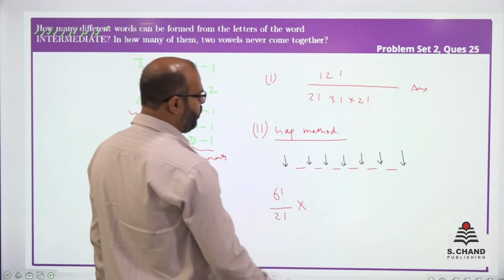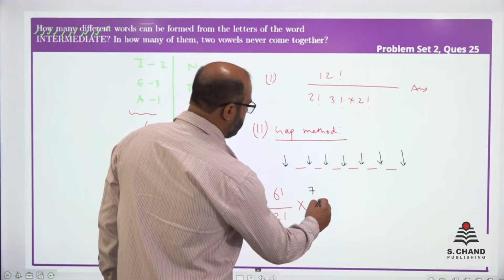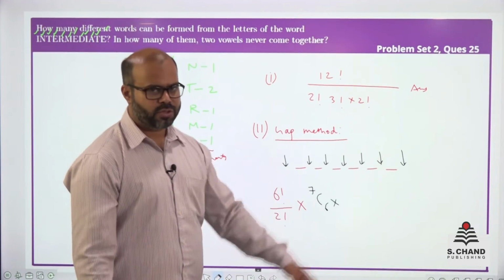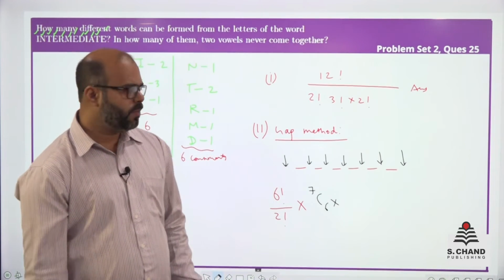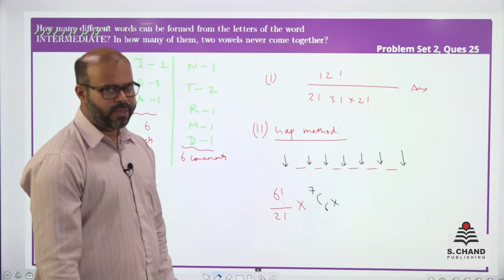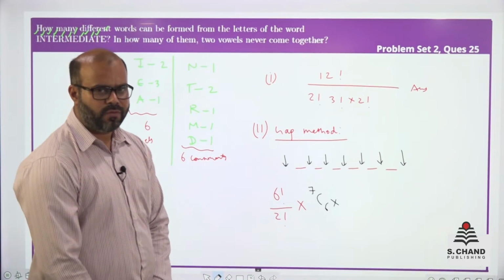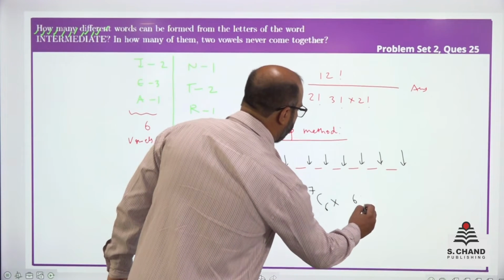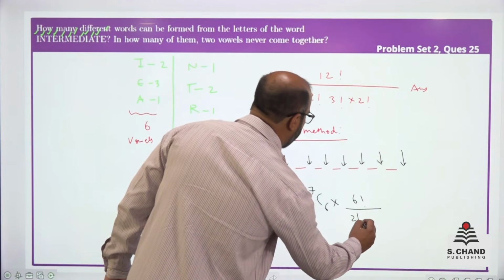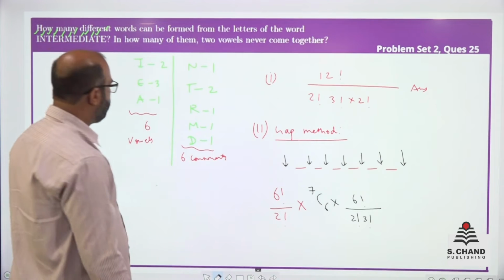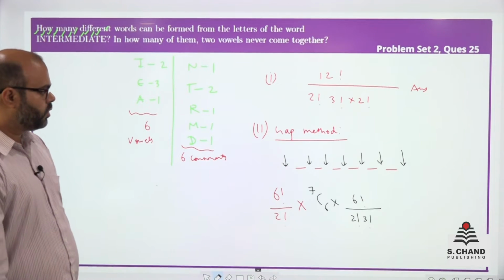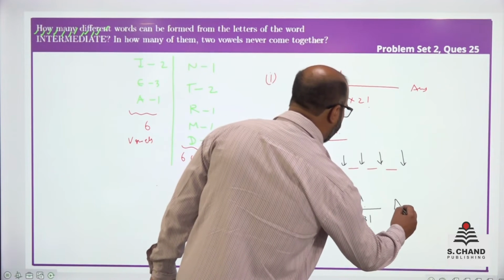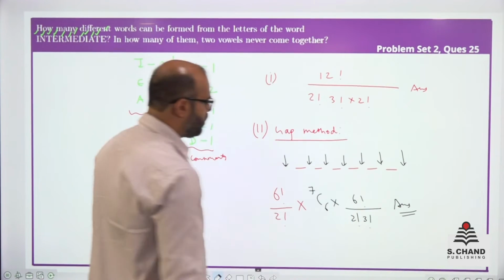So we can do this in 7C6 ways, because there are 6 vowels and 7 gaps. So we have selected 6 gaps for them, and then further we need to arrange those vowels. So there are 6 vowels, so 6 factorial upon the repeating vowels, 2 factorial and 3 factorial. So this is how we have arranged it, and this is how you get the answer. You can do the calculation part if you want, and this is the answer basically.